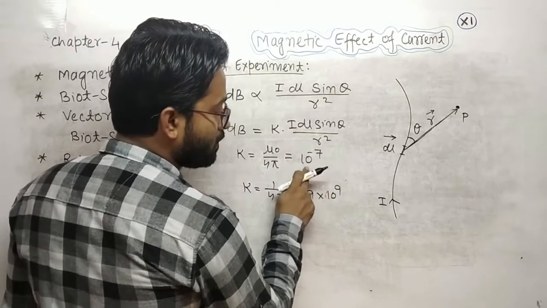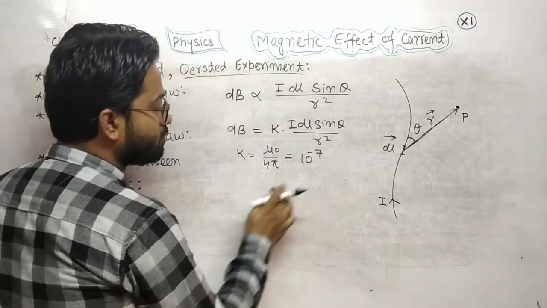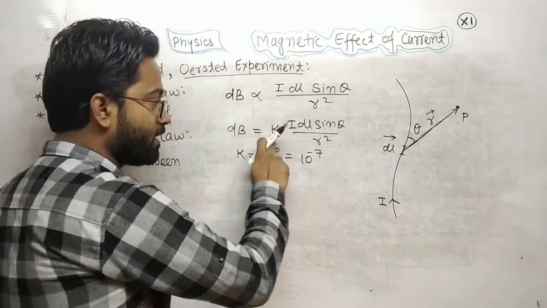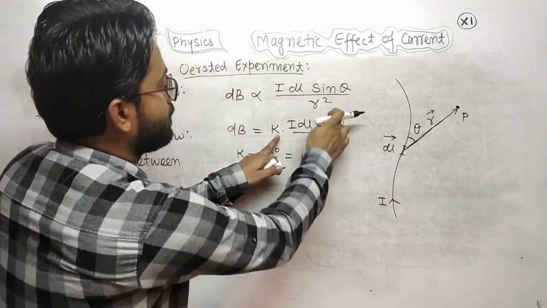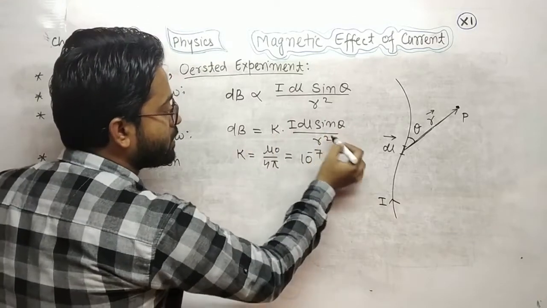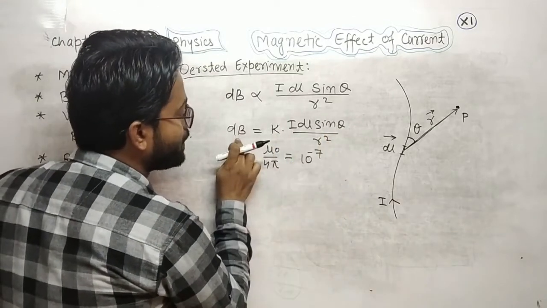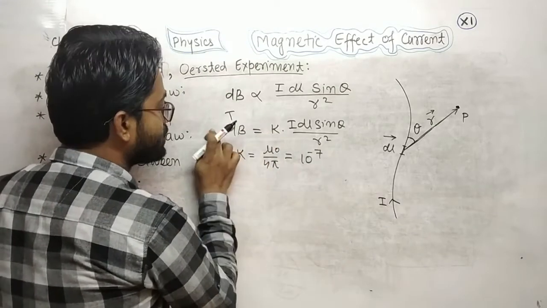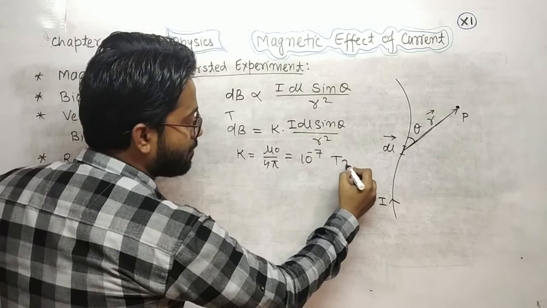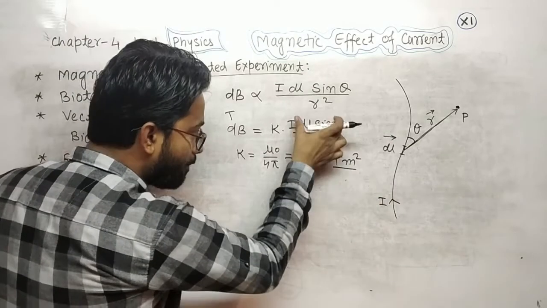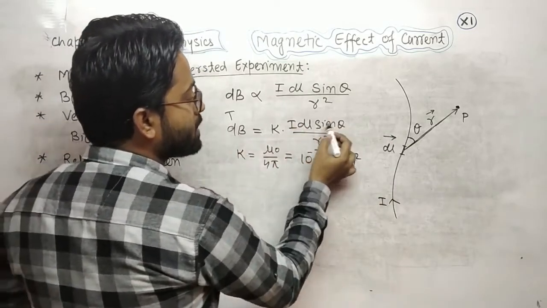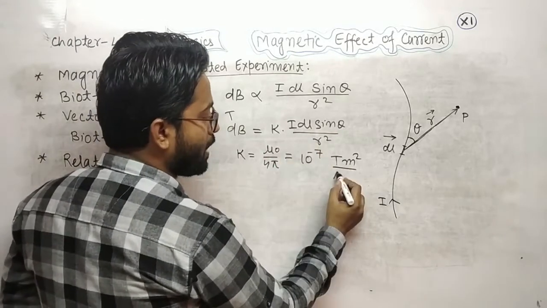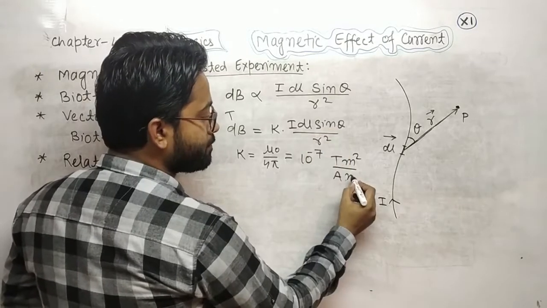What will be the unit of that particular constant K? If you take K here, transfer these quantities to this side, dB. This is the magnetic field, this is Tesla, and square. Tesla meter square upon. Sin theta will not have any unit. This is a number. I means ampere, dl means meter.